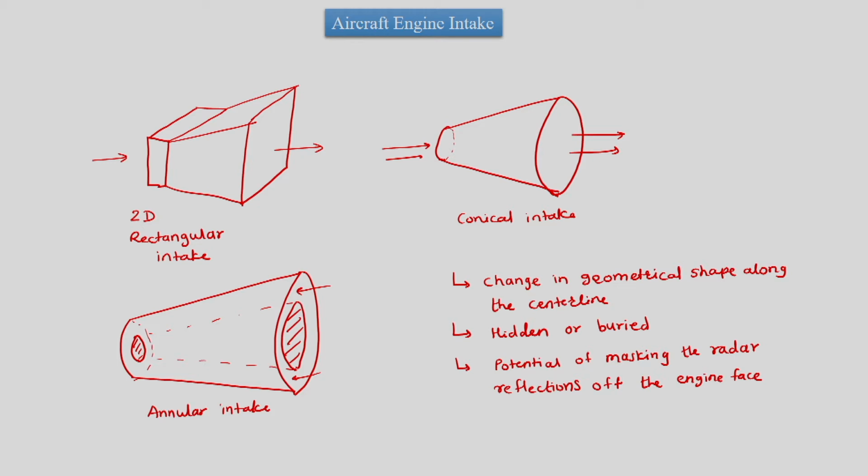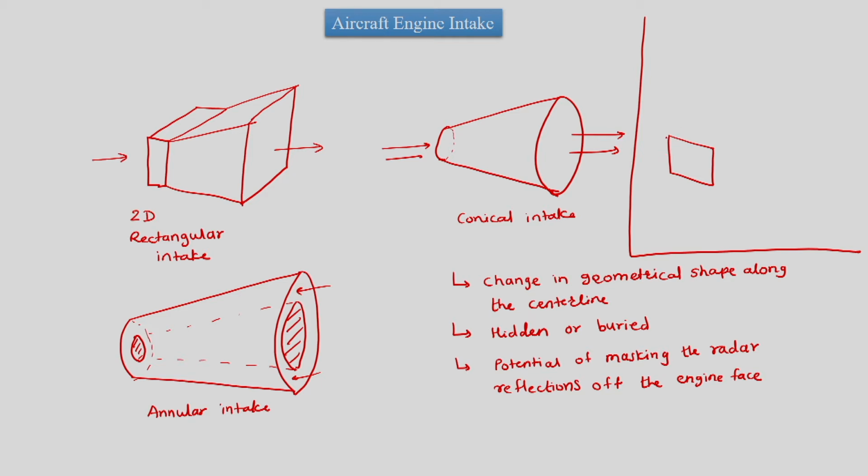Apart from this, these intakes whatever we have studied have one kind of cross section at the inlet and the same kind of cross section at the outlet. But then there can be an intake which would have different cross section at the inlet and different cross section at the outlet, and this might be due to optimization or due to the requirement for connection.